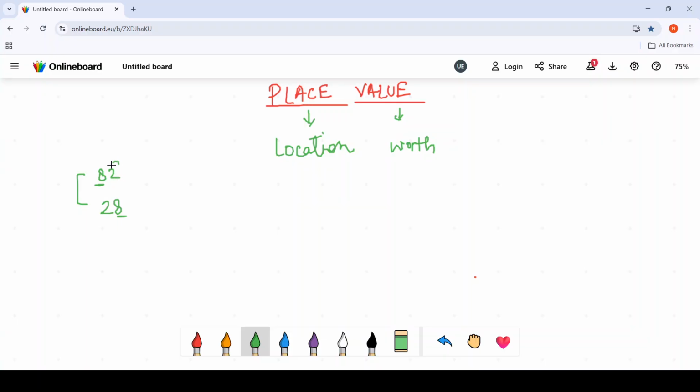In the same way, the place of 2 is also different in both the numbers. Okay, so now before moving ahead, let's understand digits and numbers.